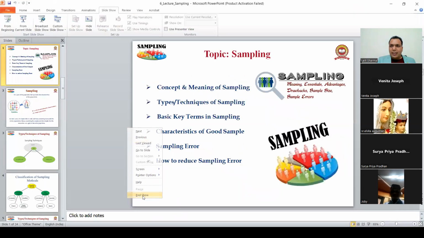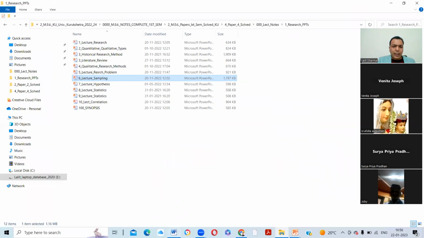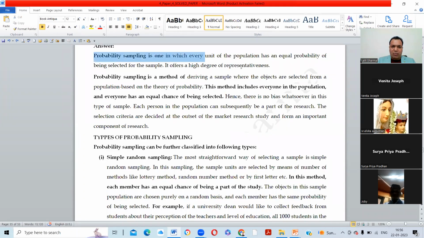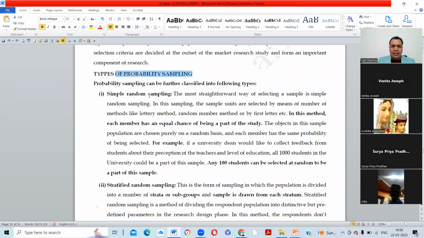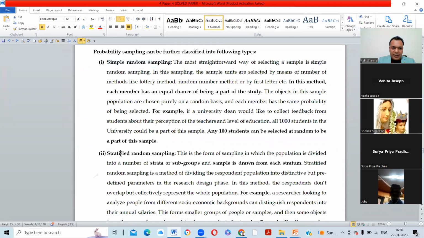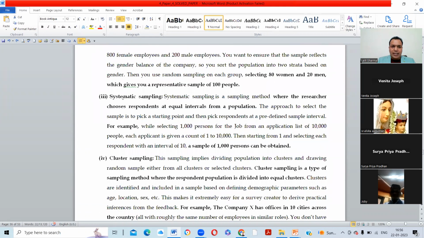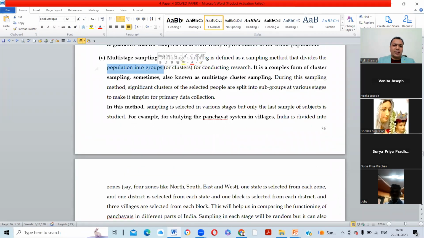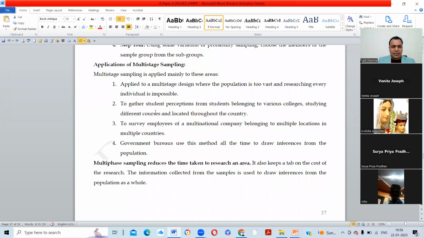You can see this in the PDF file, in the Word file. See, the concept and types of probability sampling. First, talk about probability sampling, then the types: simple random sampling, stratified random sampling, systematic sampling, cluster sampling, multi-stage sampling. Then the steps.